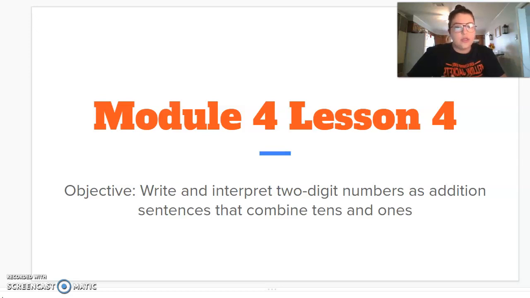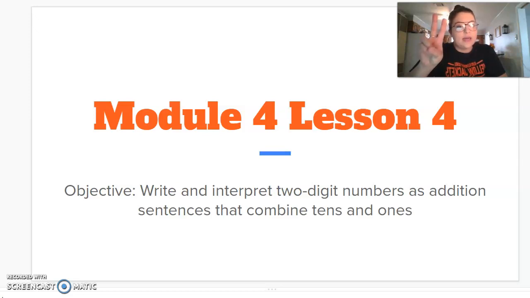So what they're wanting you to do is take apart a two-digit number. We've talked this week about two-digit numbers. A two-digit number is a number like, for instance, 81. There are 8 and 1 that make up 81, so it's a two-digit number. They're wanting us to take 81 and break it into tens and ones.